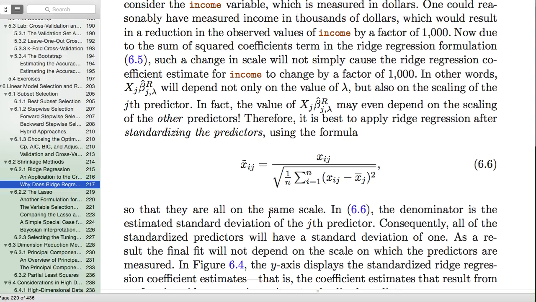So suppose that you're evaluating persons on the basis of height and weight. This is something that can be done, for example, with athletes. And so let's say the average height of a bunch of athletes is around 72 inches, and their maximum height is around 80 inches.